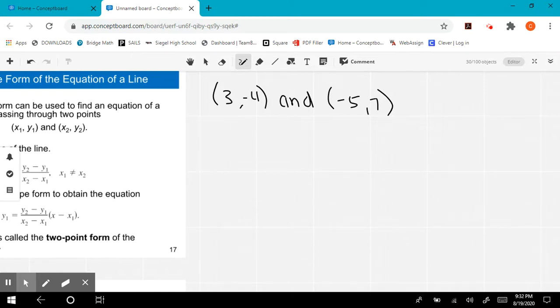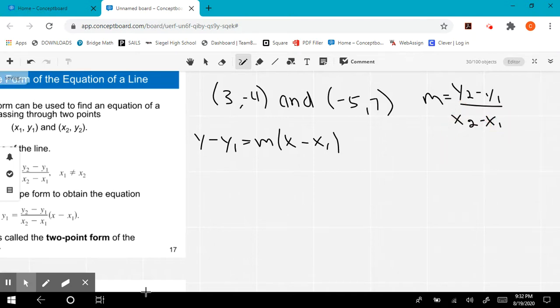Remember our equation, y minus y1 equals m times x minus x1. Now, I don't have the slope, so the first thing I have to do is find the slope. We go right back to our slope formula, y2 minus y1 over x2 minus x1.